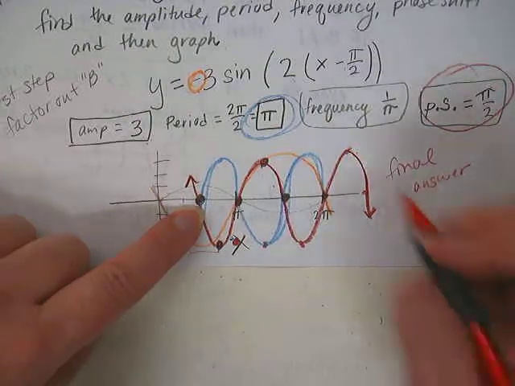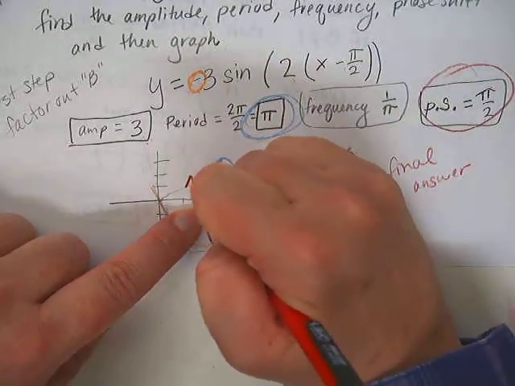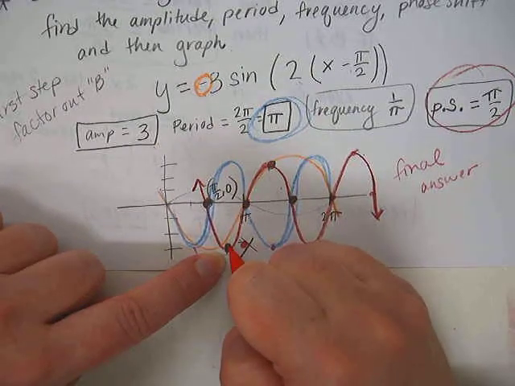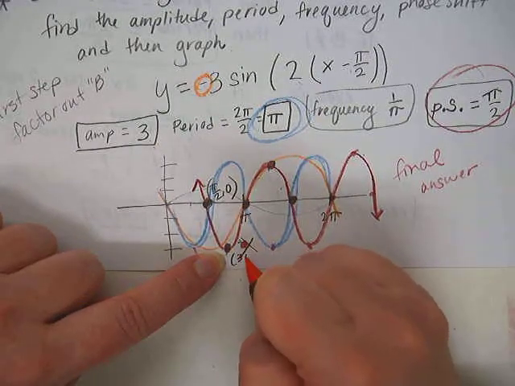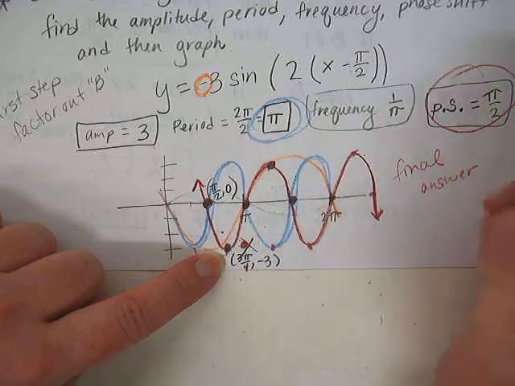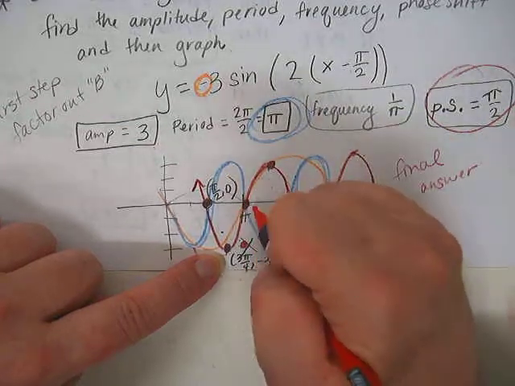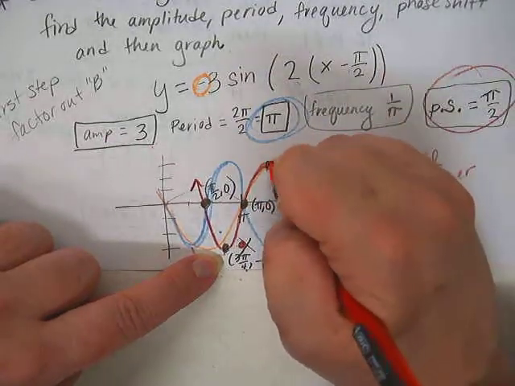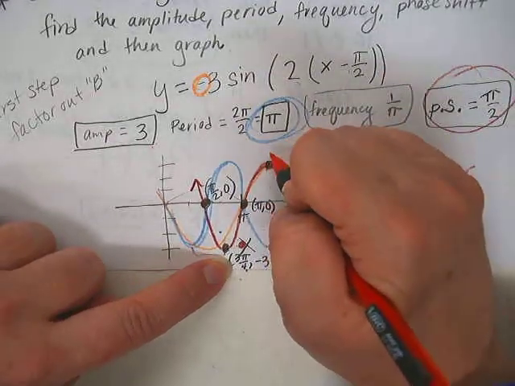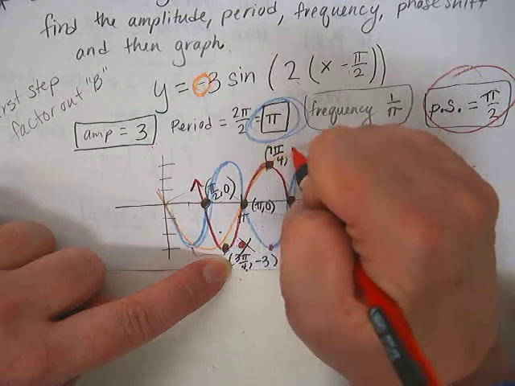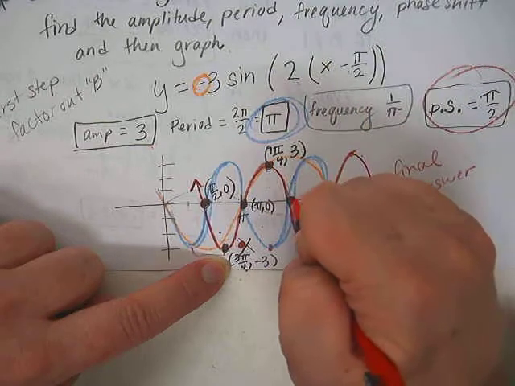Then, what if you're supposed to list the 5 key points? What would that be? 1, 2, 3, 4, 5. Those points right there. So this one here would be pi halves, comma 0. This one here would be what? 3 pi fourths, comma -3. This point here would be pi, comma 0.